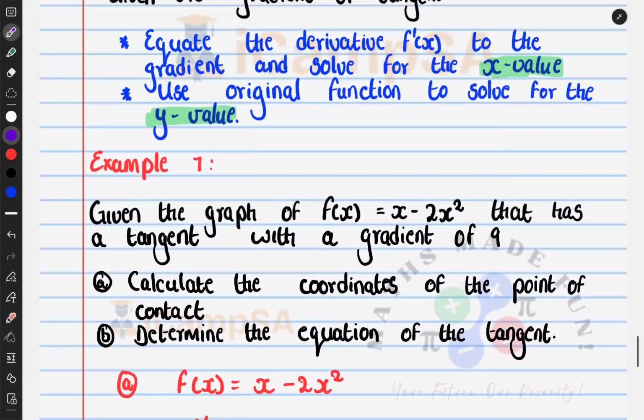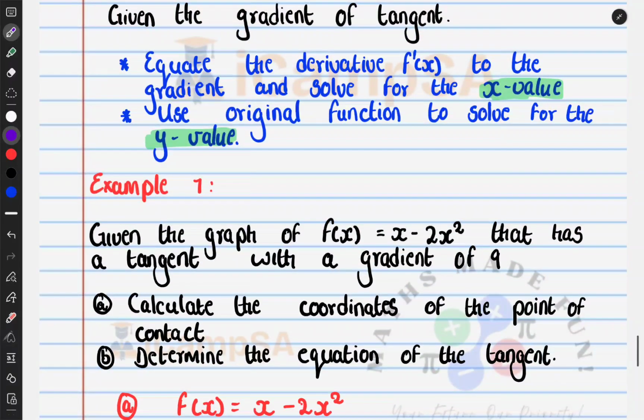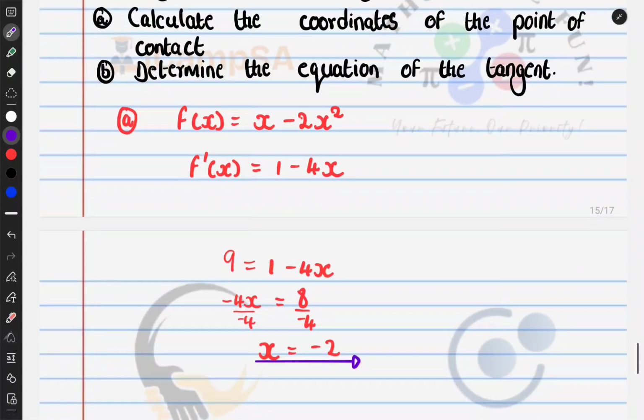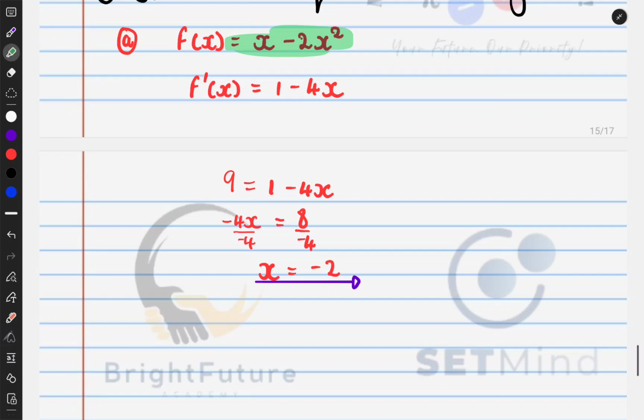And then the second step, to find the y value, we must use the original function, this function that we're given here, f of x is equal to x minus 2x squared. Let's find the y value now. So f at negative 2 is equal to negative 2 minus 2 into negative 2 squared.